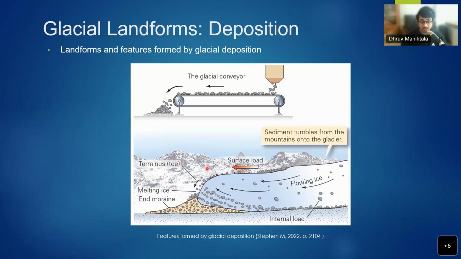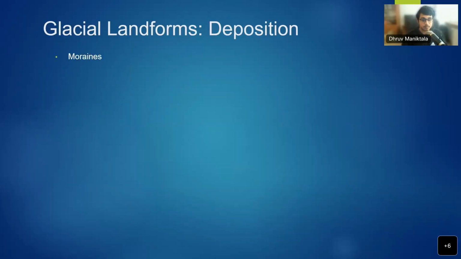There are many different types of glacier depositional landforms, but we will look into a few of them. The most important ones are called moraines. Then we have drumlins, eskers, kettles and glacial lakes.